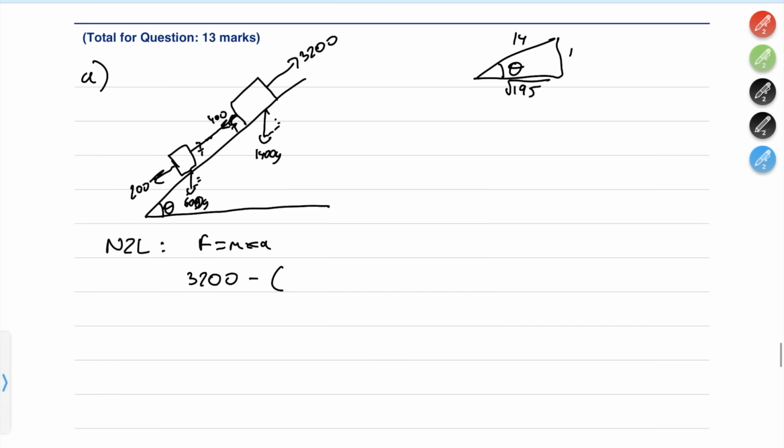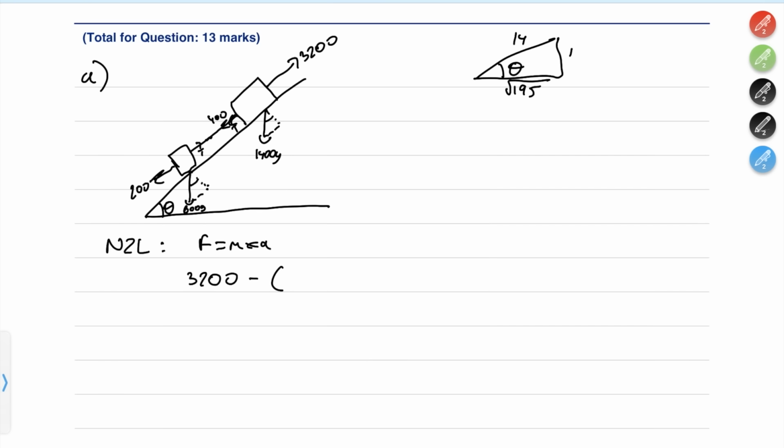Now let us find the horizontal components of the weight. So we can label this angle here as theta. So that's theta and that's theta. The top angles are theta. Let me make this a bit clearer. This angle is theta and this is 600G.